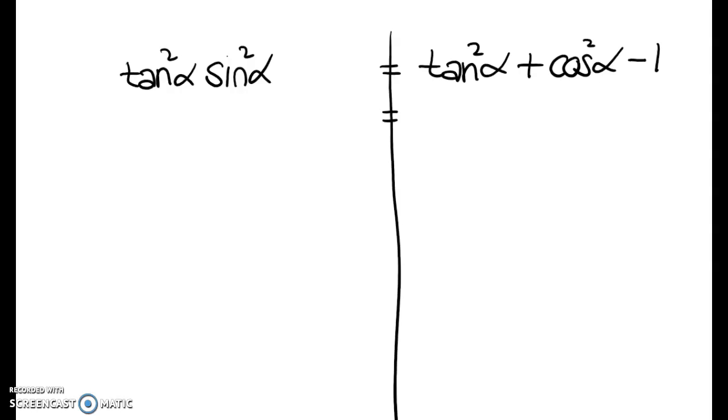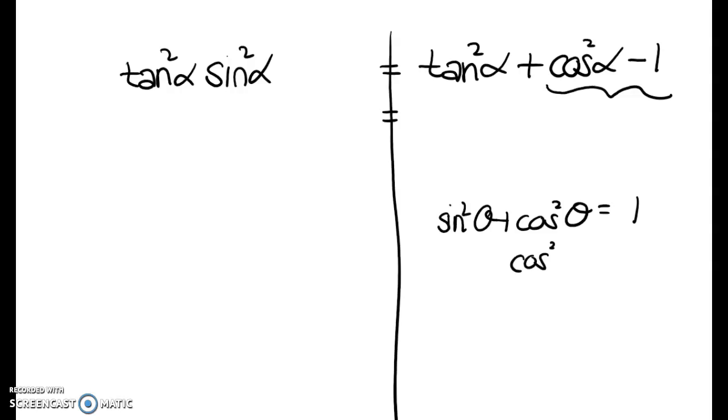So, because this is a Pythagorean, I mean it is, like if I did sine squared theta plus cosine squared theta equals 1, I could subtract the 1 to this side and subtract the sine to the other side. I could do that. I could replace cosine squared alpha minus 1 with minus sine squared alpha.